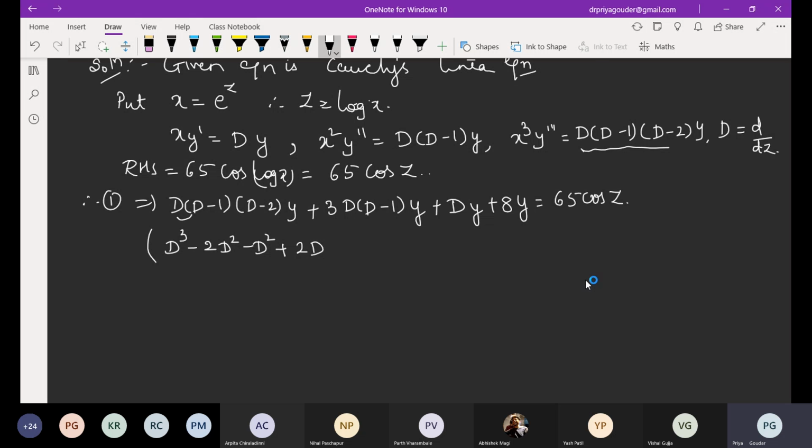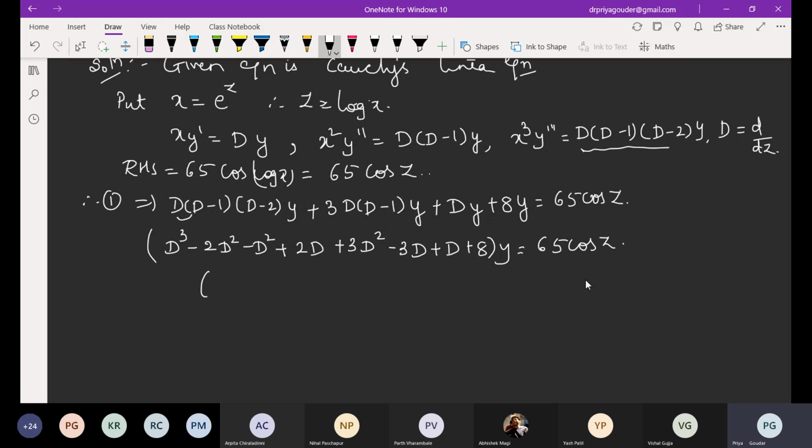Next, take this 3 inside. 3D into D is 3D square, minus 3D. Am I right with this? Plus D plus 8. Little bigger equation you have, but simple.